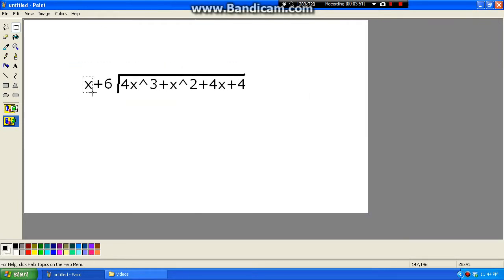How many times does x go into 4x cubed? x goes into 4x cubed 4x squared times.